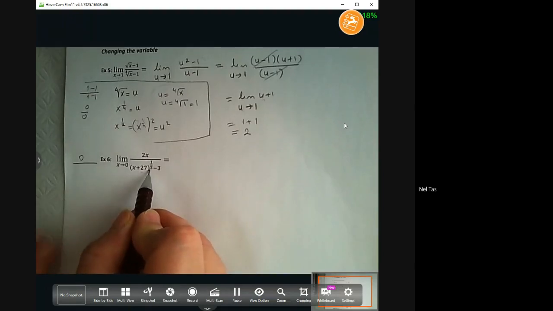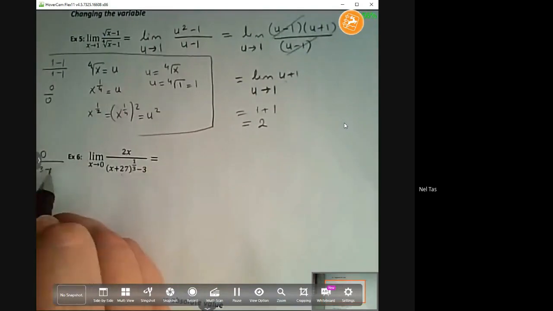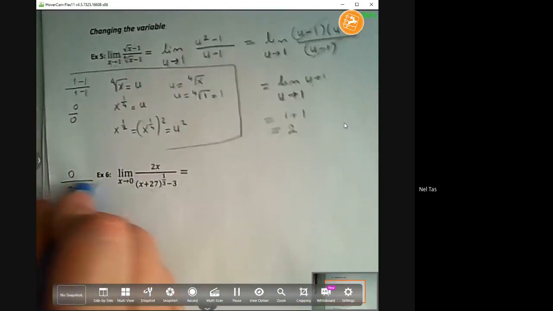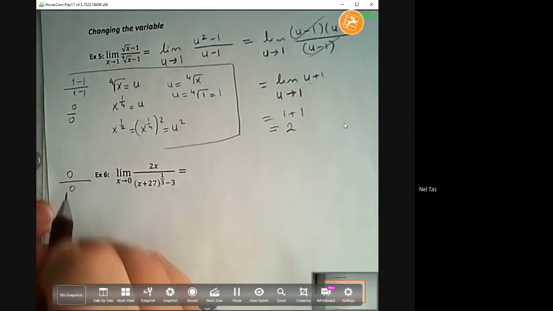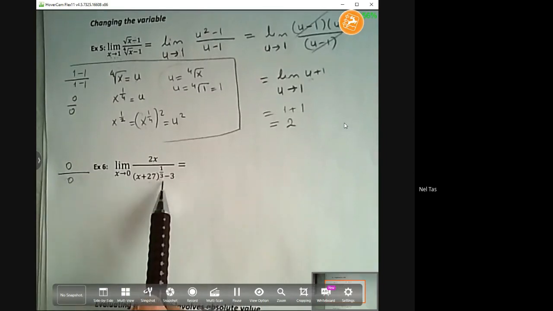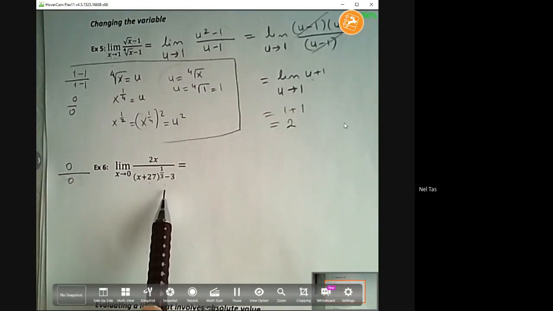Cube root of 27 is 3. So you get 3 minus 3, which is 0, right? So now you see that again, we end up with 0 over 0. So substitution did not work. Factoring will not work. Rationalizing numerator and denominator will not work.